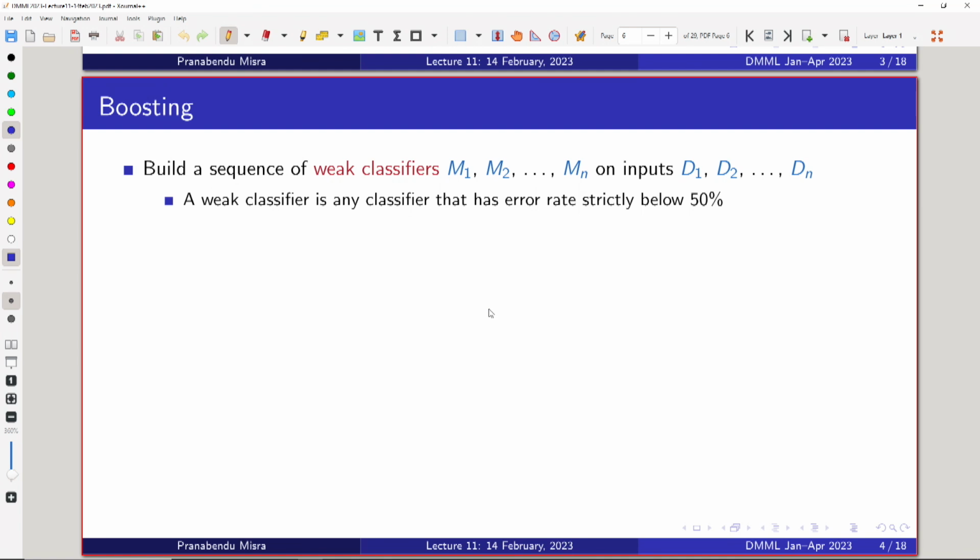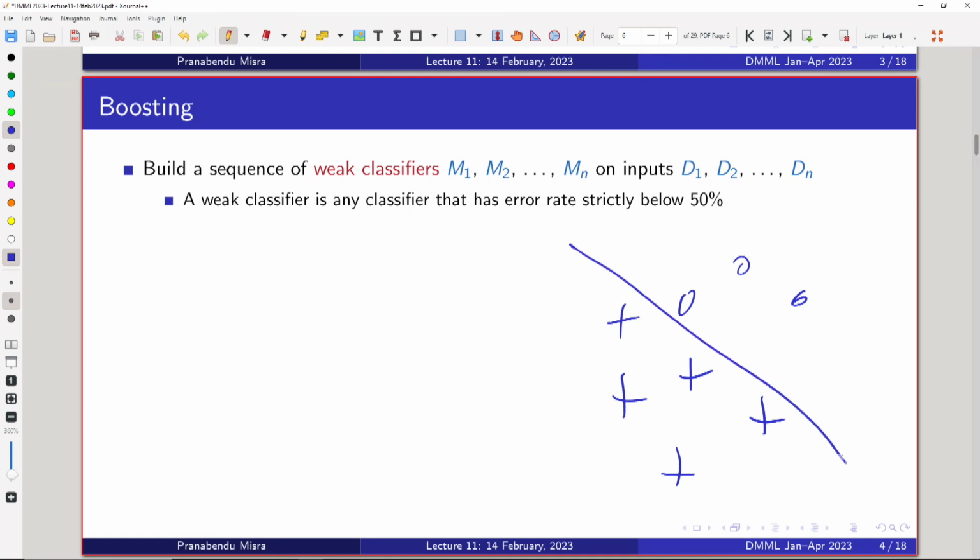And what was the linear classifier doing? You had some data. Let me just draw a diagram here. We assume the data is linearly separable.